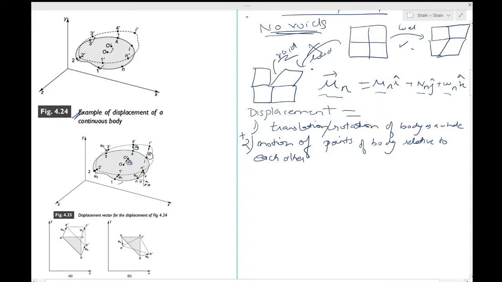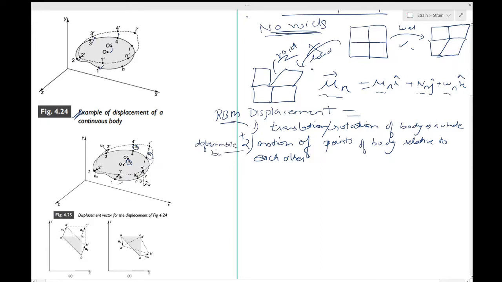Okay, so the motion of the points of the body relative to each other. The translation rotation of the body as a whole is called rigid body motion, because it can take place even if the body is perfectly rigid. But the second part can only happen for a deformable body.